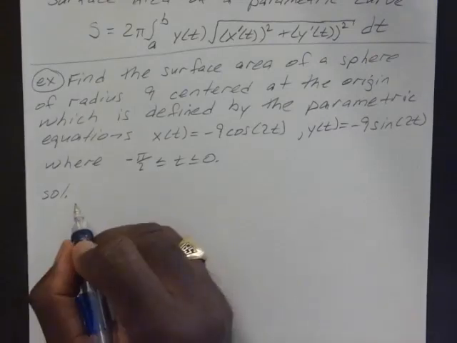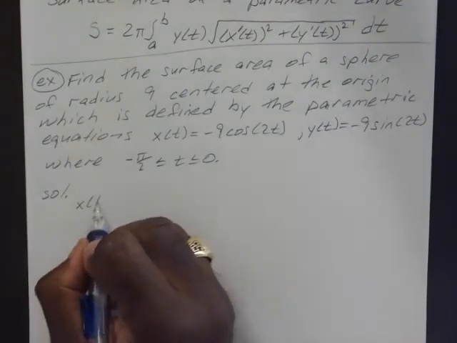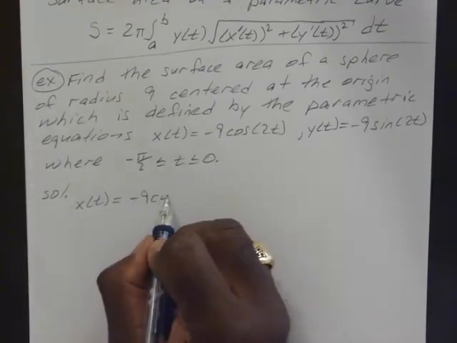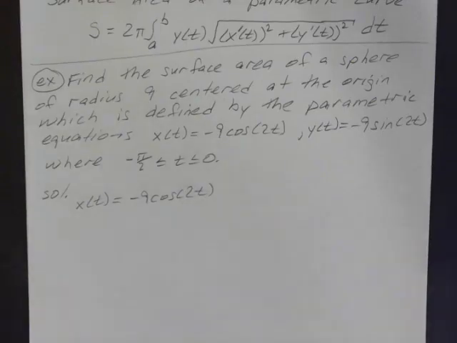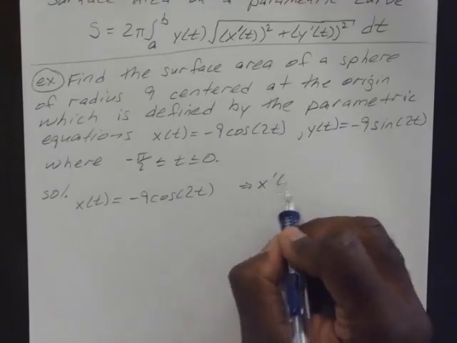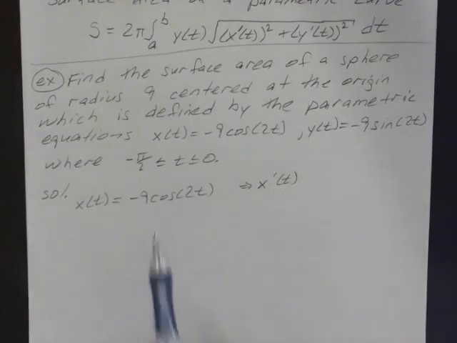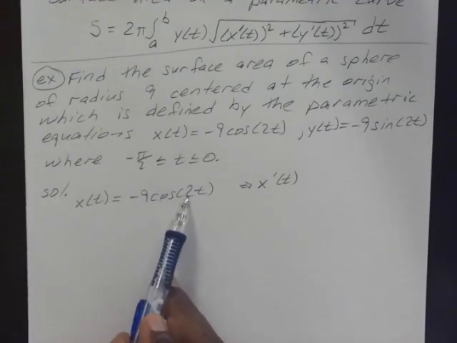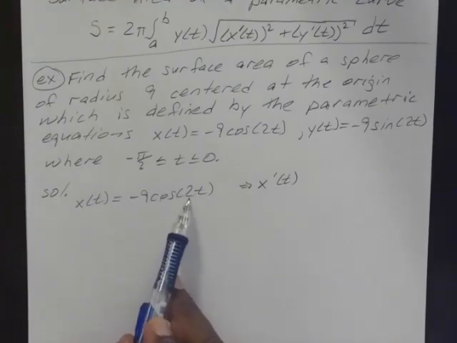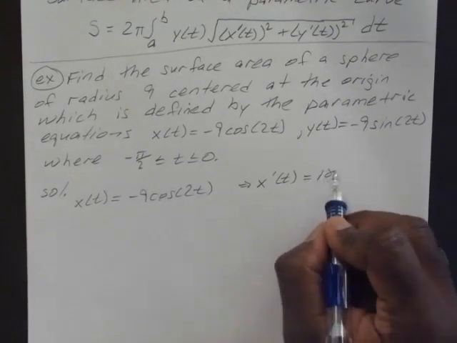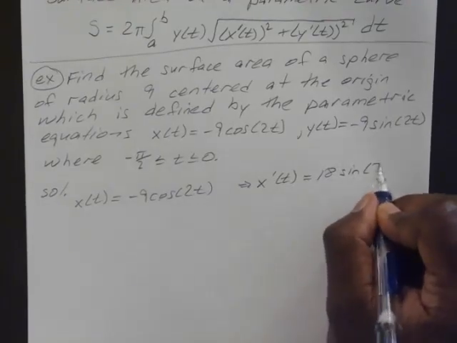Okay, so we know that since our x of t is equal to -9 times cosine of 2t, then our x prime of t, the derivative of cosine is negative sine, so that's negative sine of 2t times the derivative of 2t, which is 2. So the negatives cancel out, and 2 times 9 gives us 18 times sine of 2t.